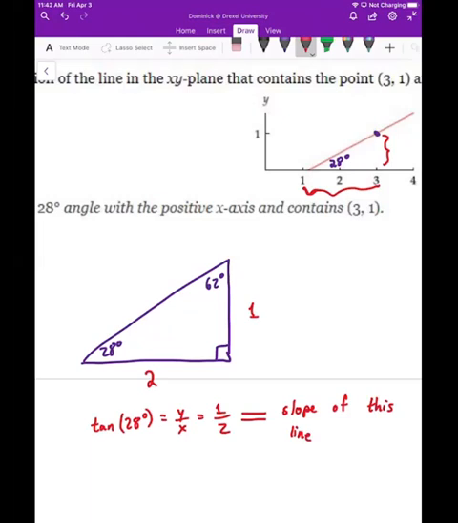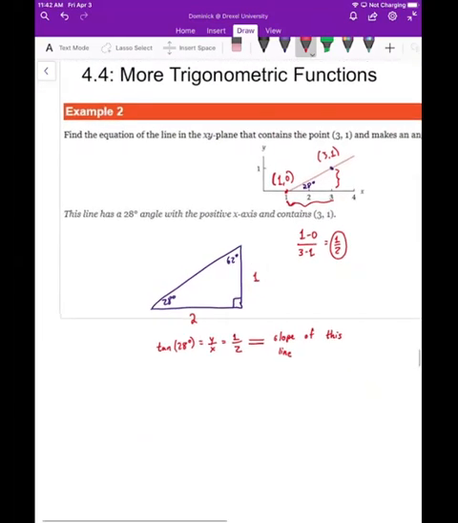So that's one way that you can sort of use the tangent here. Now, of course, if you were to do this using the slope formula, you would get the same thing, right? Because this is the point (3, 1). This is the point (1, 0). And if you do 1 minus 0 over 3 minus 1, you also get 1/2 that way as well. Right? So you can use the tangent to sort of get the slope of that line as well.